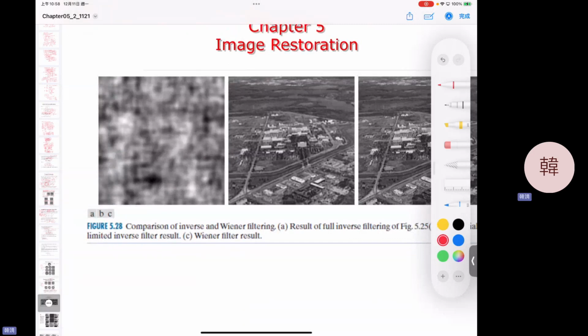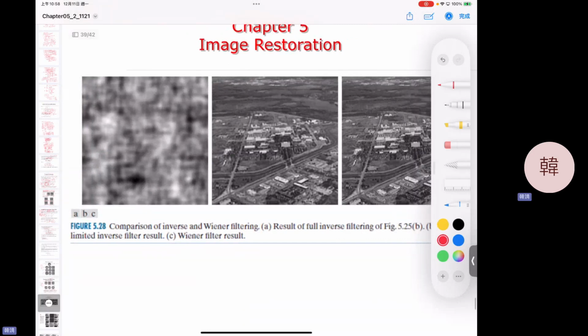I think this one is also the same. Okay, it's trying to optimize. In this example, they optimize based on the smoothness of the edge. So they set Q equal to the Laplacian operator, to try to minimize the smoothness of your edge.